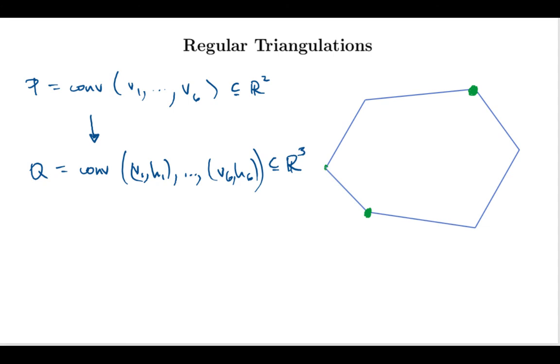And I will lift these 2 vertices to some height in such a way that, if you think about folding a piece of paper, this will produce a crease here. Now you can see I can do this even further. I can lift this vertex further up, which will produce another crease here.